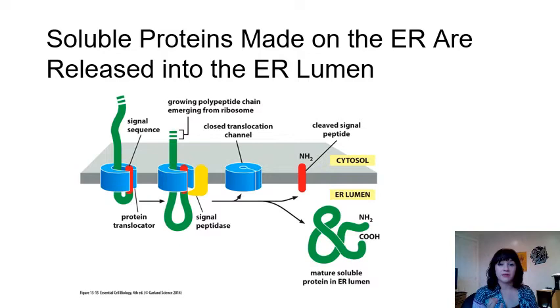The protein doesn't need that signal sequence anymore once it's been made and it's in the right spot. So this peptidase, an enzyme, cleaves peptides. It cuts off that signal sequence, and that signal sequence floats away. That releases the protein into the lumen, and it can refold and now have its function as a mature protein.